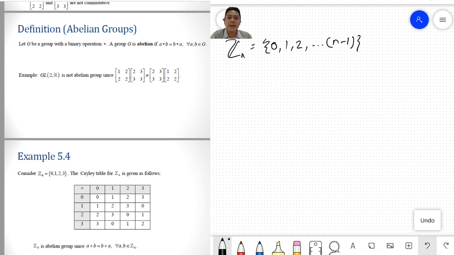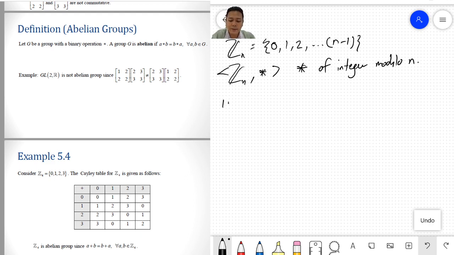And the binary operation associated with it, for example for Zn, means the binary operation of integers modulo n, from chapter 1. We take the first example.